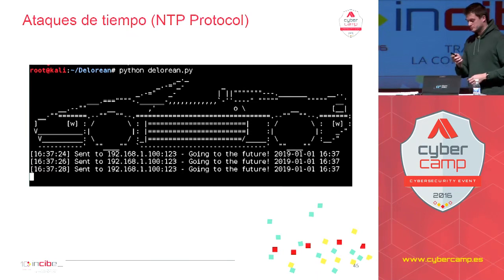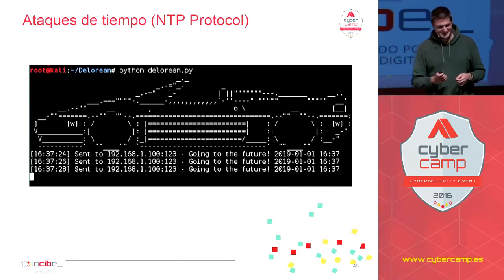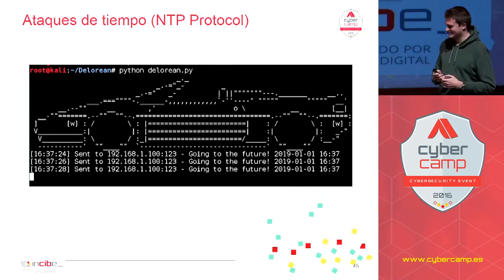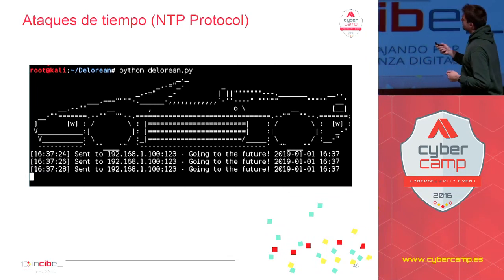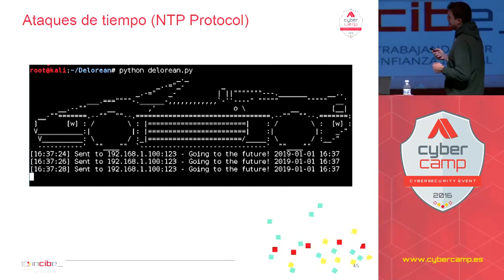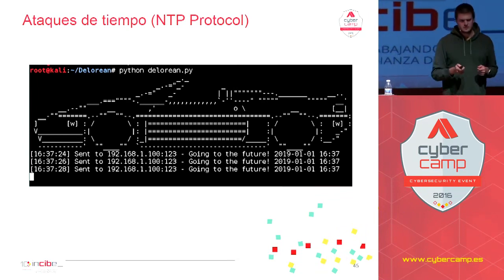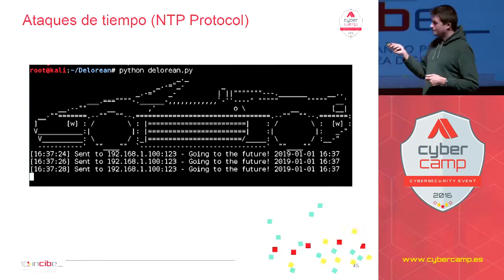So if you have any questions later on, we can discuss it in the question and answer session. So this tool looks very nice. It looks like a Ferrari car, isn't it? So cool. Notice the message by default. This is trying to take us 4 years forward in time.